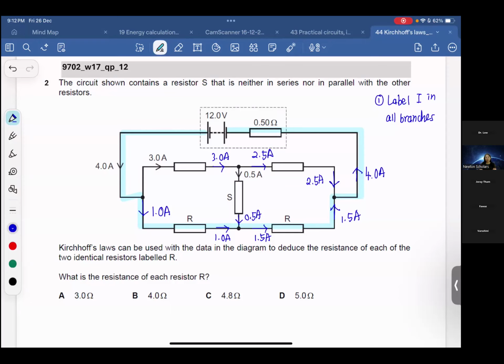First step, label all the current in every single junction. Label all the current. Apply Kirchhoff's first law. Then after that, apply Kirchhoff's second law.